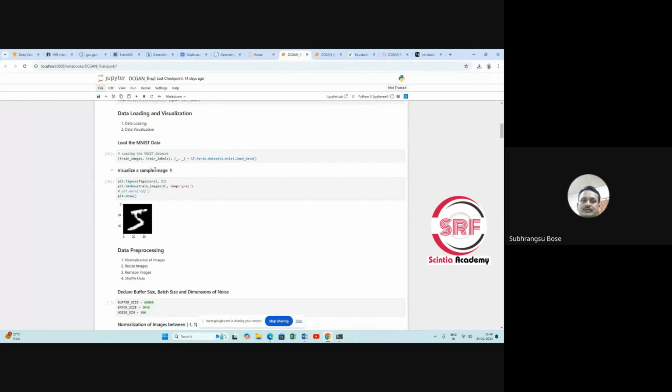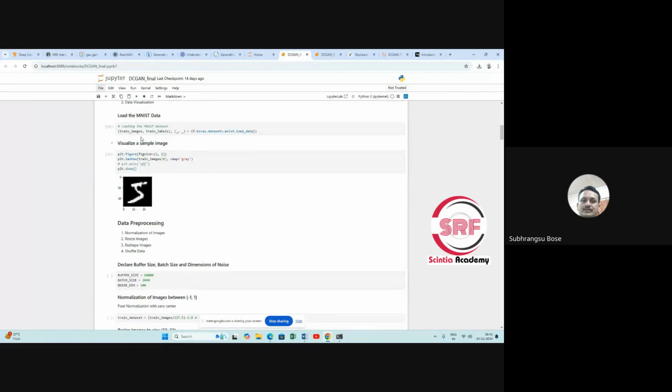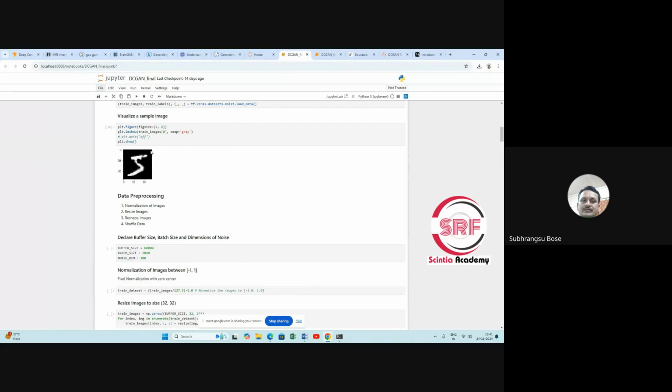That's why we have train images and train labels. First, loading is done with the labeling, and then visualize it.